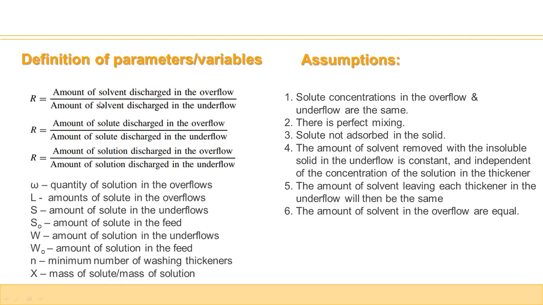It could be the amount of solvent discharged in the overflow over the amount of solvent discharged in the underflow, or simply amount of solvent in the overflow over amount of solvent in the underflow. If this is not possible, since you do not know the solvent present in the overflow and the underflow, you can replace it with the solute. If this solute is not present, you can represent it with a solution.